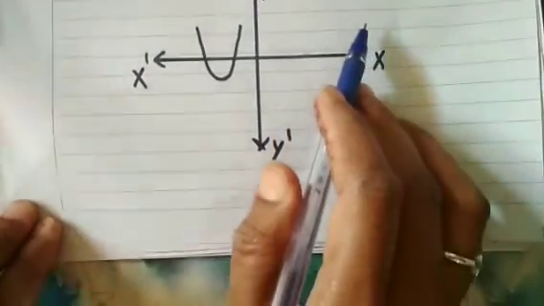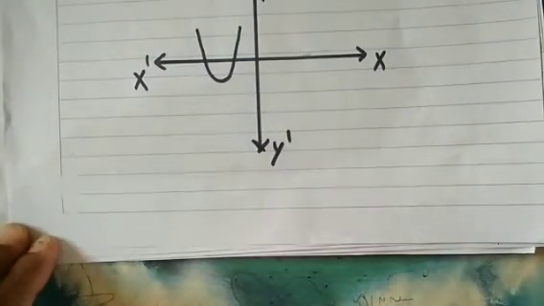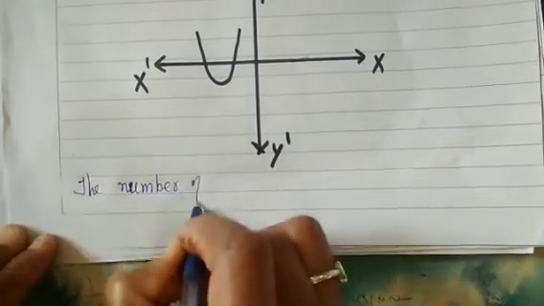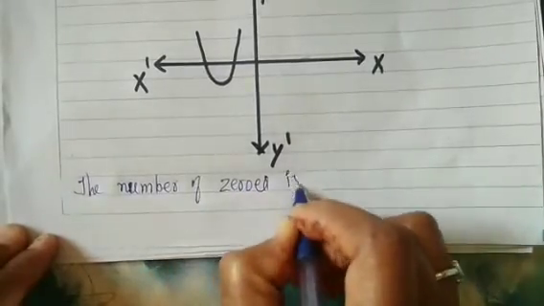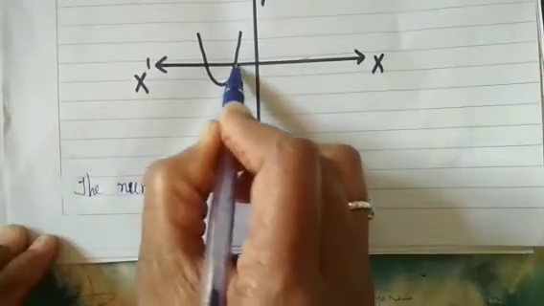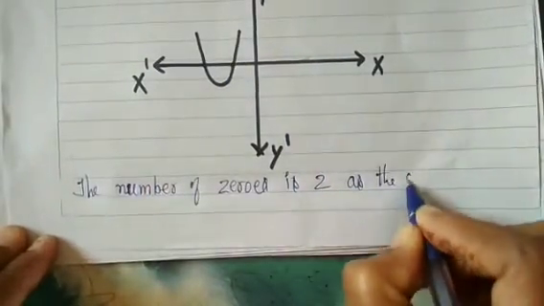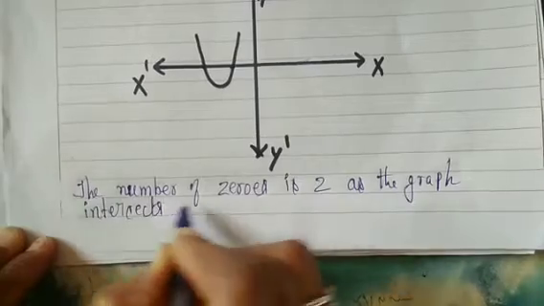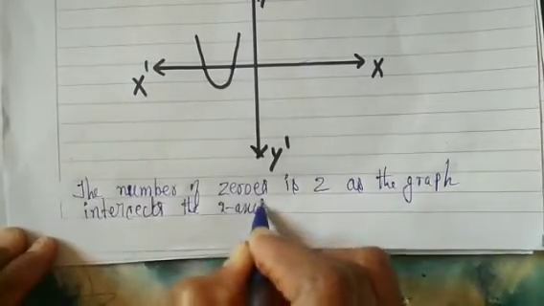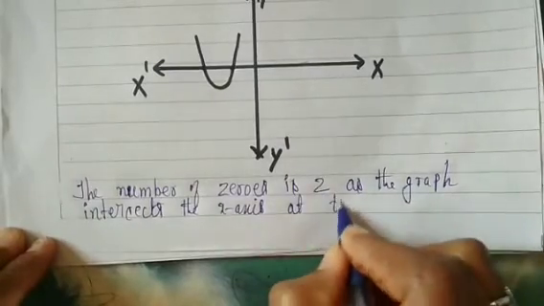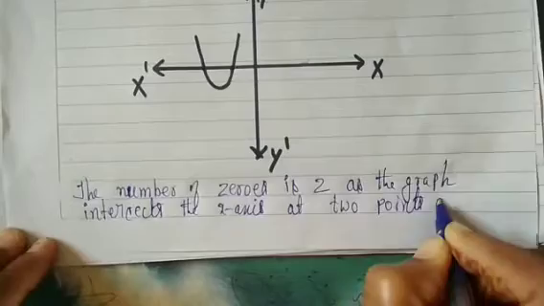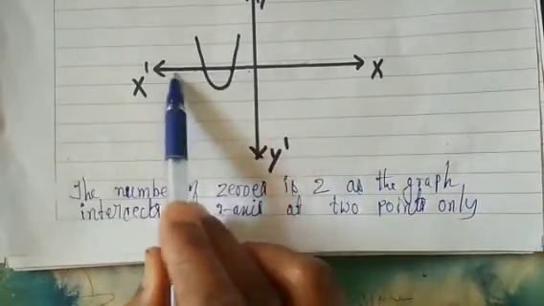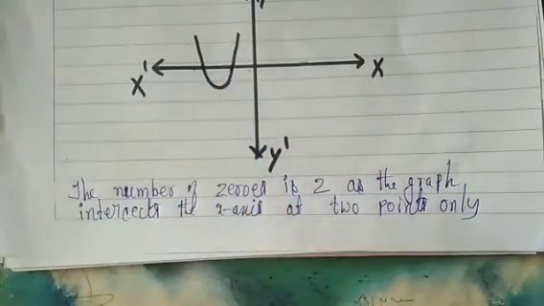Once again, the number of zeros is 2: 1, 2, as the graph intersects the x-axis at 2 points only.